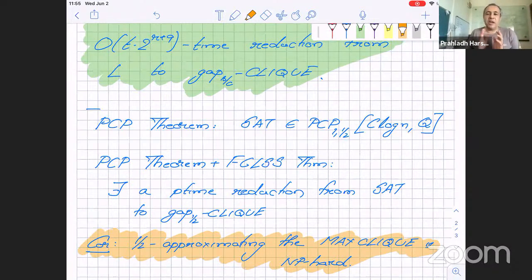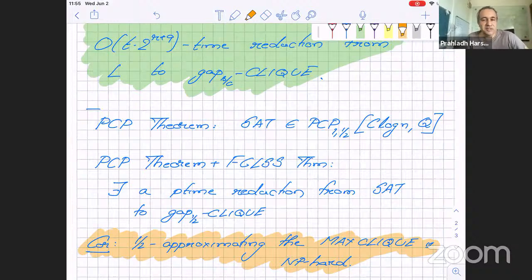This happened in the early 80s, I believe, Wigderson's thesis. Since then, we are in 2021 now, so it's 40 years, and the exponent has moved from n to the 0.5 to n to the 0.2. We know how to color a 3-colorable graph with n to the 0.199999 colors.